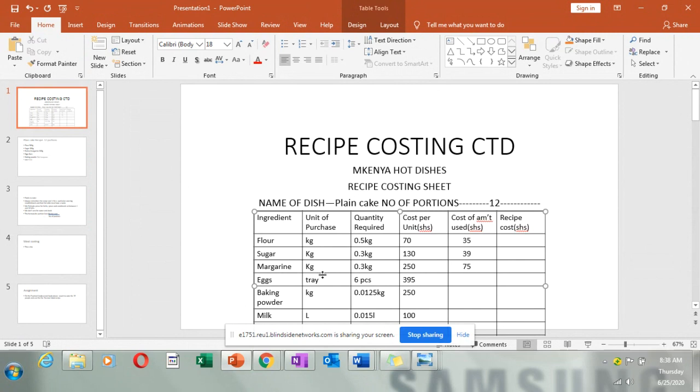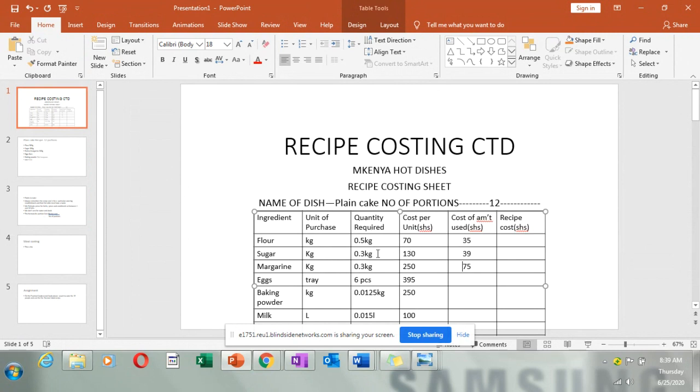Okay, then we have eggs. Tray moja is 395, and you know a tray has 30 eggs, isn't it? So how much money will six eggs cost? It is 6 pieces of eggs, and the tray is 395. We are only multiplying what is going with.